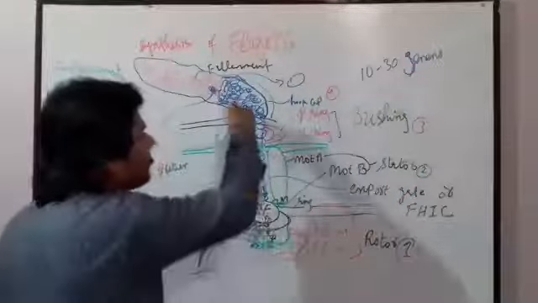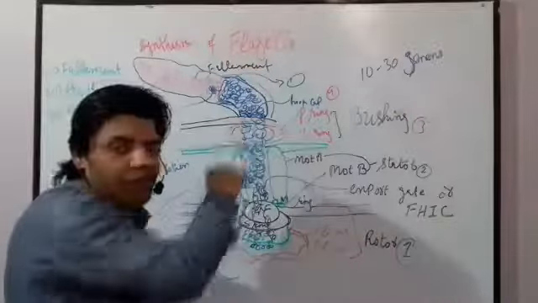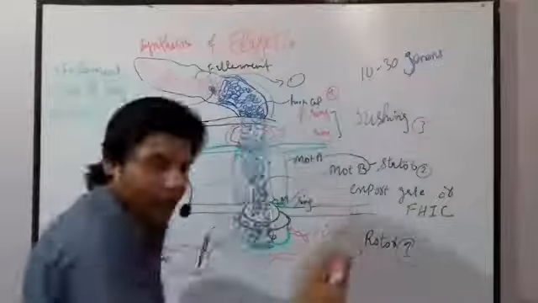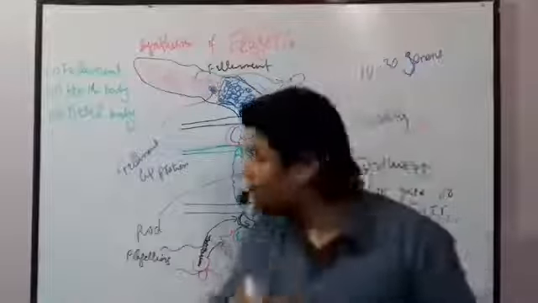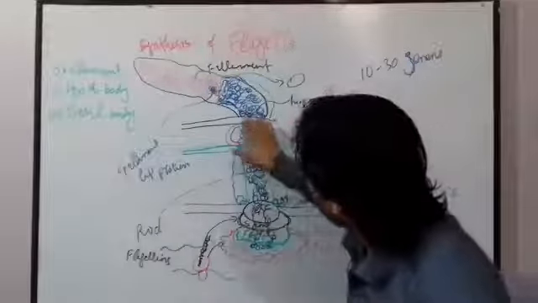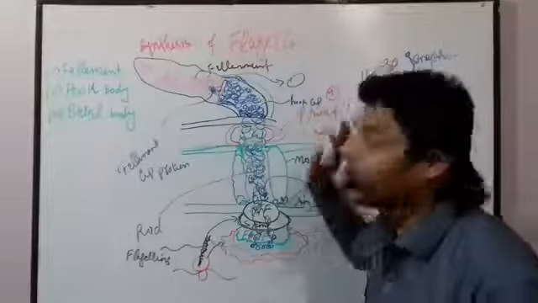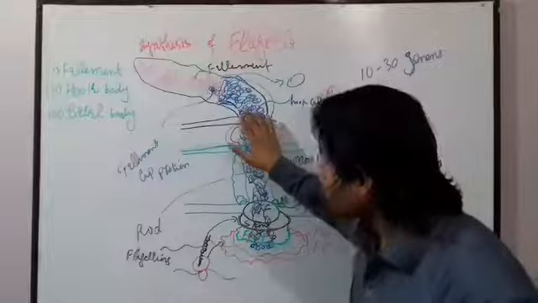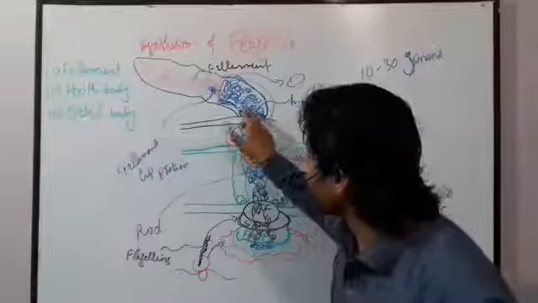Once they reach the surface of the outer membrane, a cap, as I explained in the past video, will be synthesized. We call it the hook cap. I already wrote it here. Once the hook cap is formed, it moves in the upward direction.